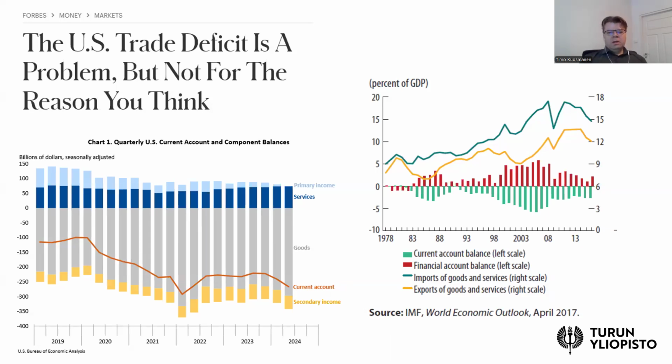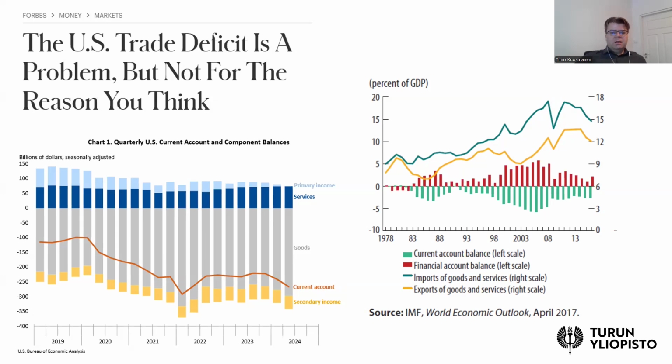The U.S. trade deficit often appears in political discussions. For example, I took here from Forbes an article: the U.S. trade deficit is a problem, but not for the reason you think.